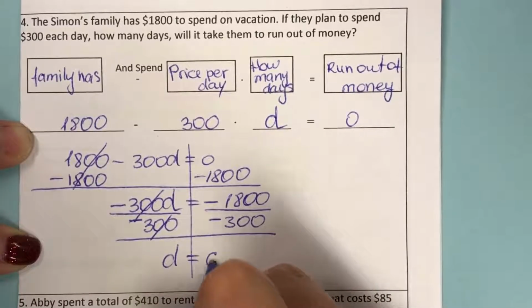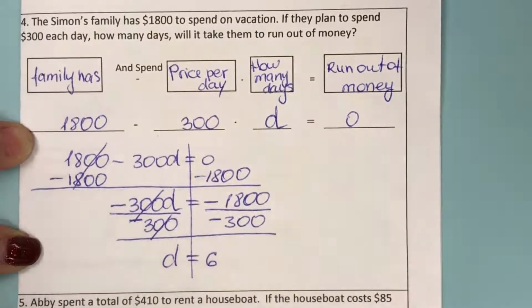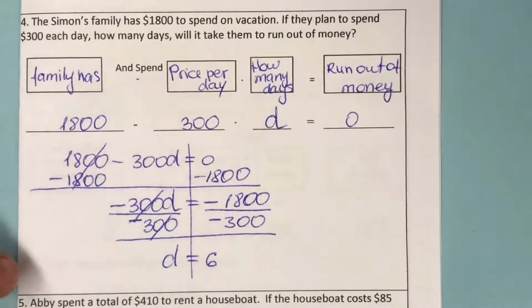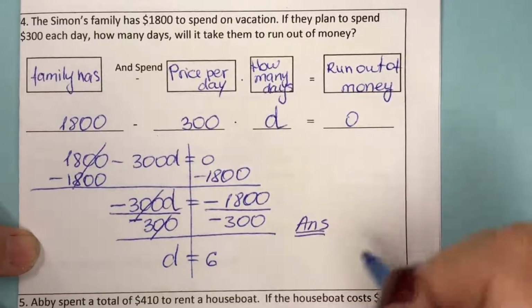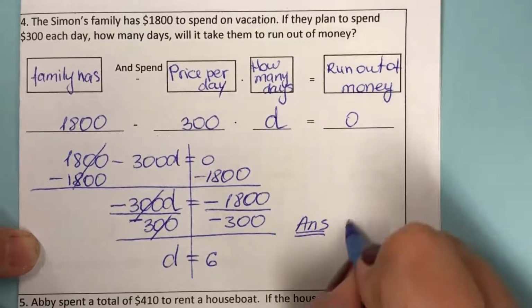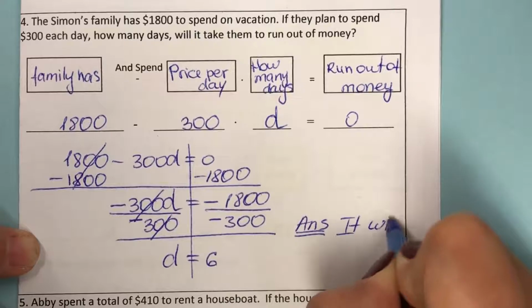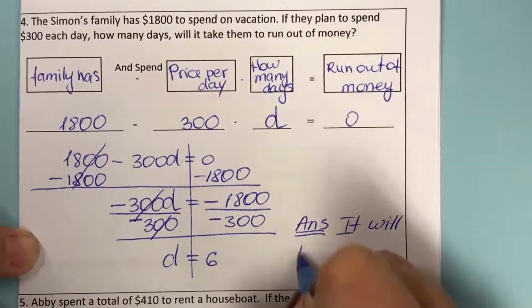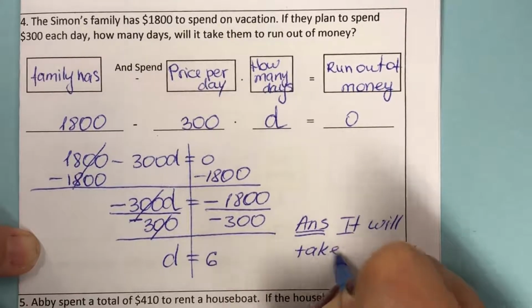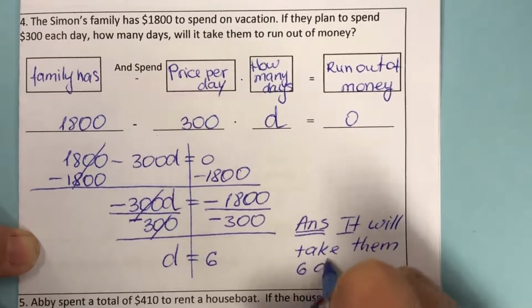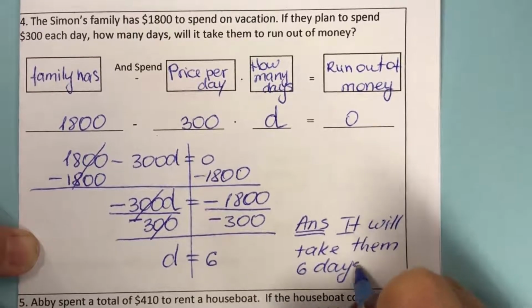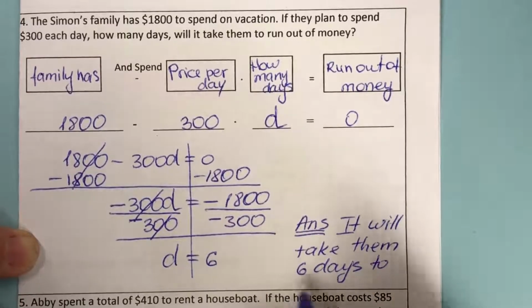That will be 6 days. So how many days will it take them to run out of money according to this plan? Our answer is it will take them 6 days to run out of money.